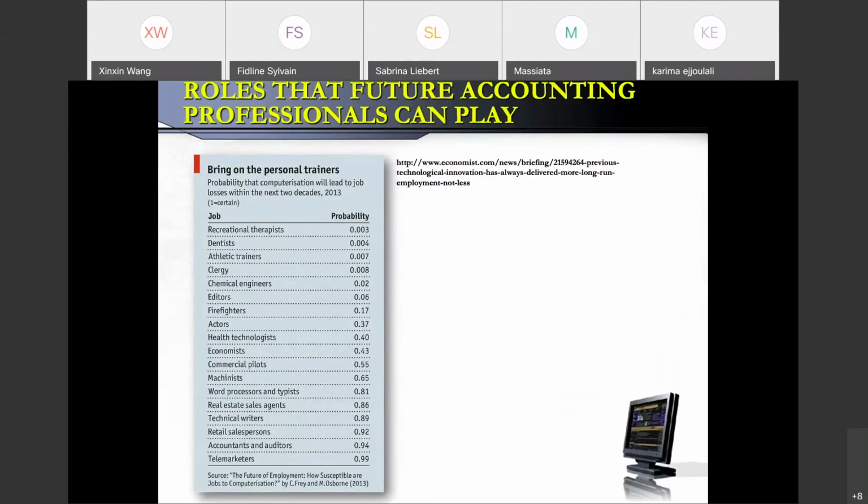And in 2013, they made a prediction about the probability of computerization leading to job losses within the next 2 decades. We are the second highest in the list, which means that in 20 years we're going to lose our jobs. And that's scary.